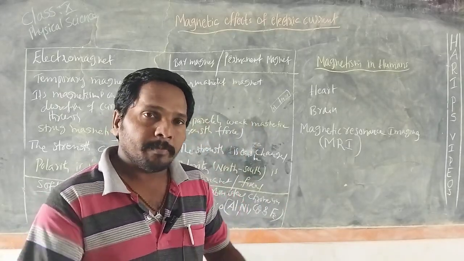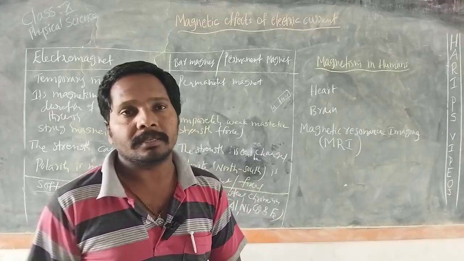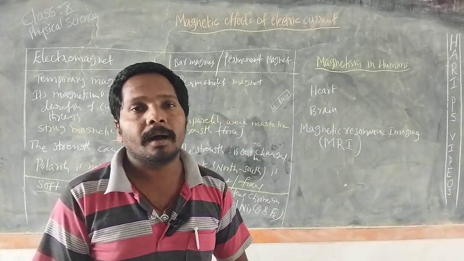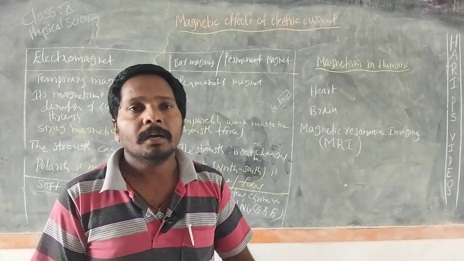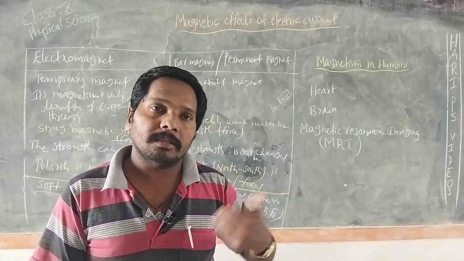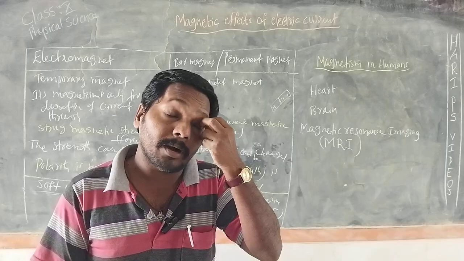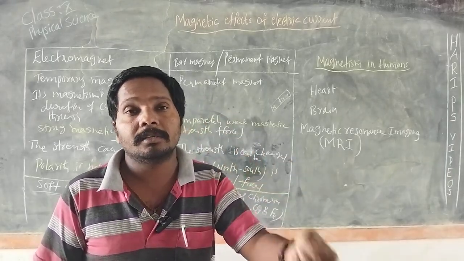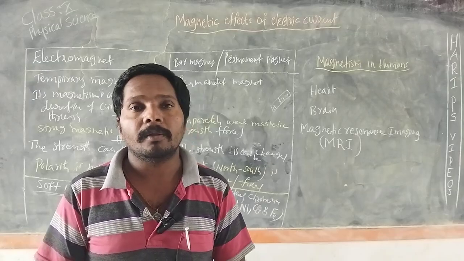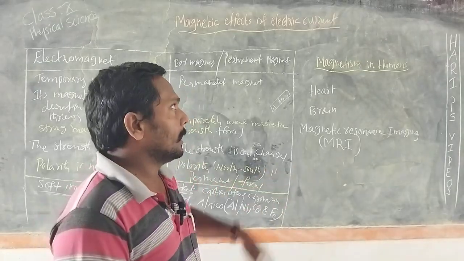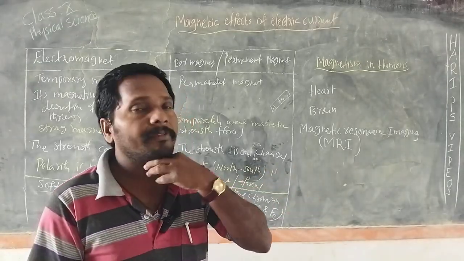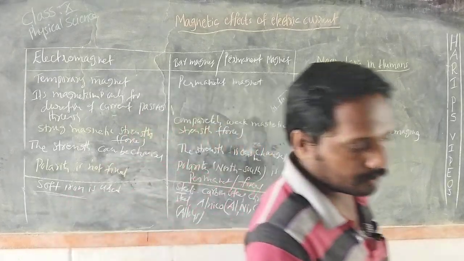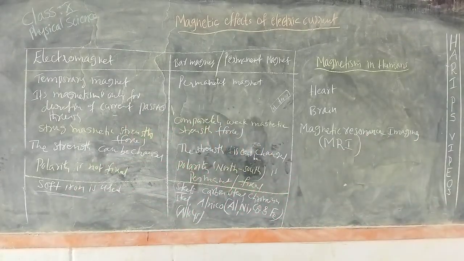Because of this, magnetic resonance imaging, MRI, is used in the medical field to study the internal parts of our body and to detect any cancerous tissues. So in the medical field, magnetism is also useful. That's all.